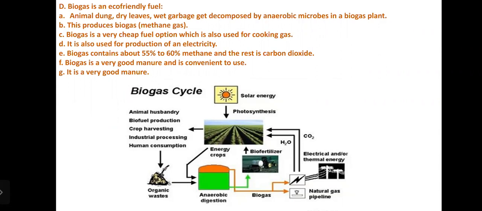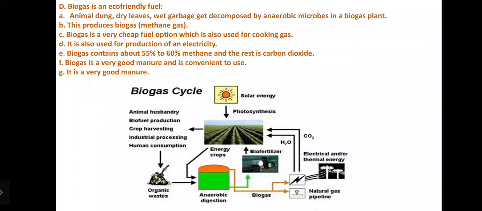So the gas is used for cooking purposes and manure is used as a fertilizer in the field. So this is how the biogas cycle functions, from sun to plant, plant to animal, animal to biogas chamber, to any purpose wherever we want to use it.